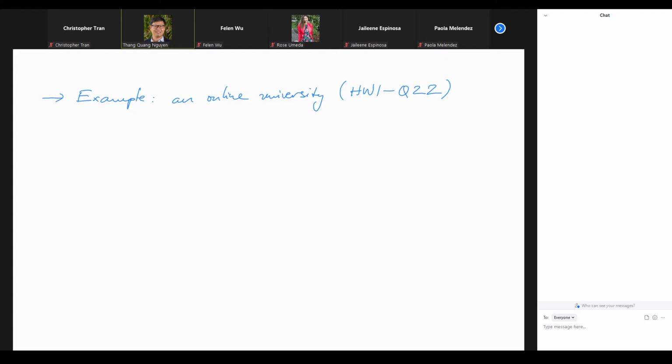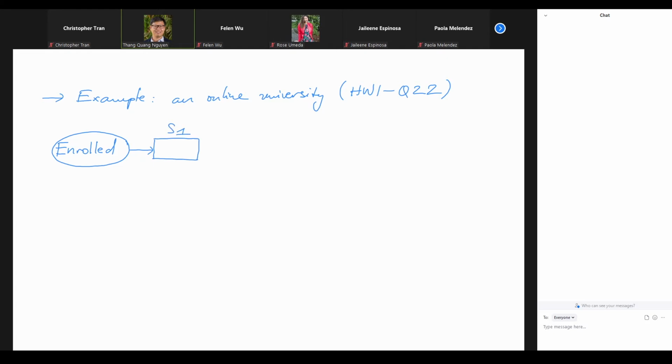Students have to get enrolled first, and then after that, they can start taking classes, right? So they have to go through the first stage. The arrows say that they have to go through, right? And this is our first stage. Stage number 1.